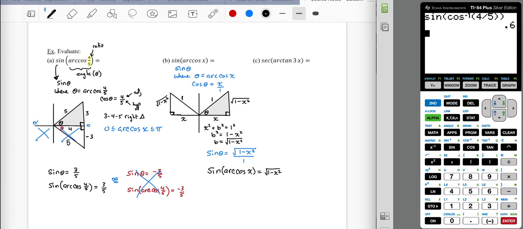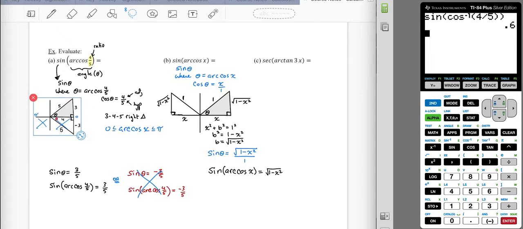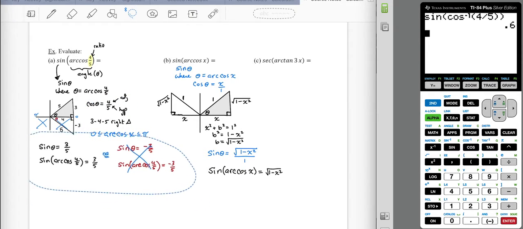Now it's getting to the point where we would start thinking about, why would we do any of this? Well, we know how to take the derivative if you have a radical function. We know how to take the antiderivative with u substitution to some extent.